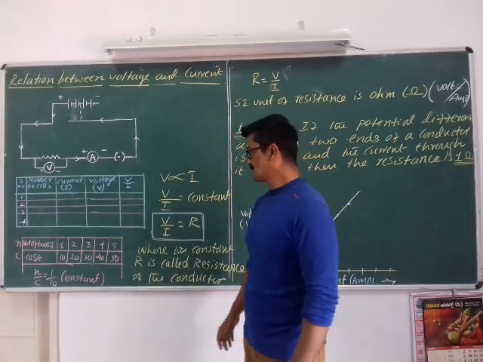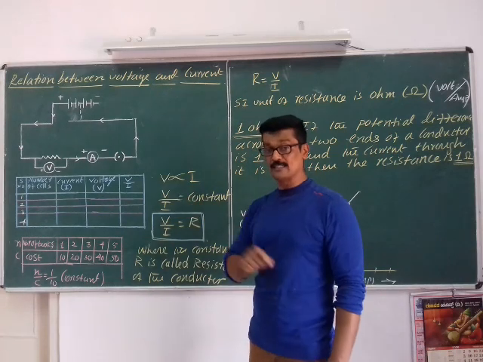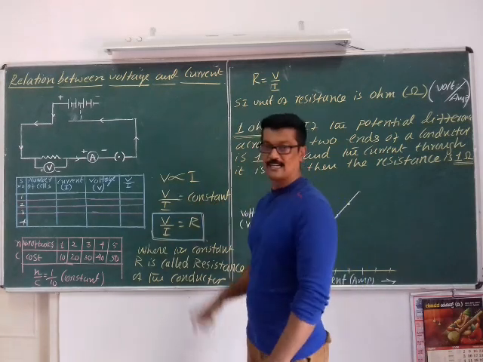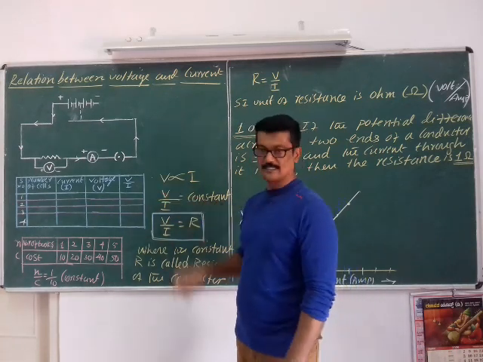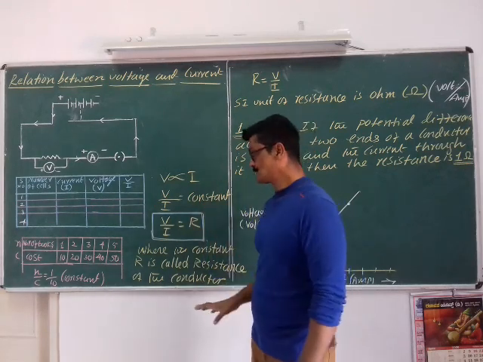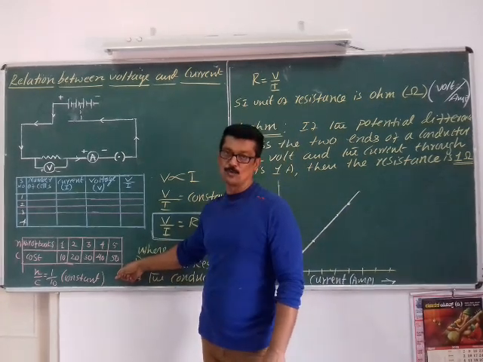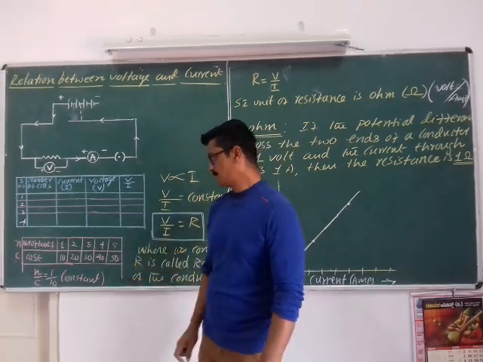Listen students, if the ratio of two varying quantities remains constant, it means one quantity is varying directly with the other. To understand this, let me consider one more simple example.